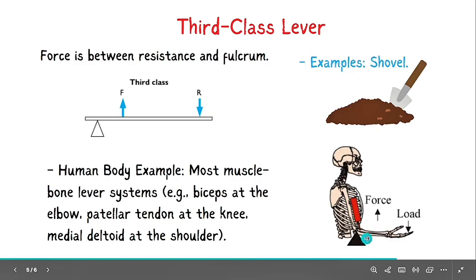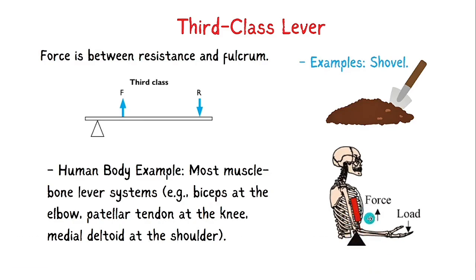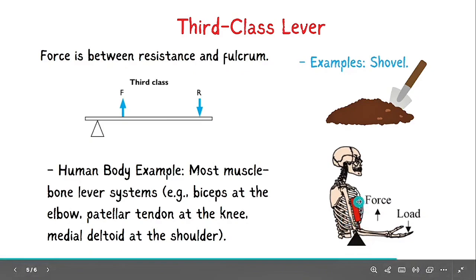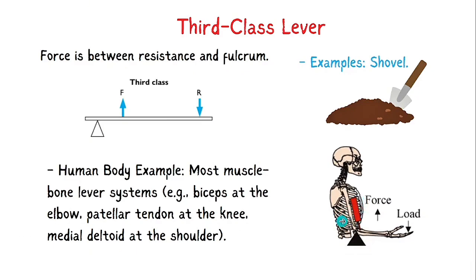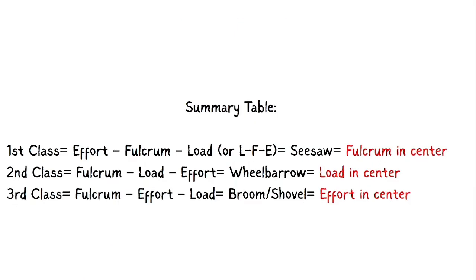The insertion point of the biceps is close to the elbow joint, meaning the effort is applied close to the fulcrum. This setup sacrifices mechanical advantage for speed and range of motion, which is why third class levers are common in the body. They allow quick, precise movements, even if they require more force.